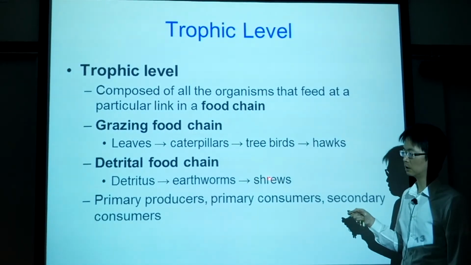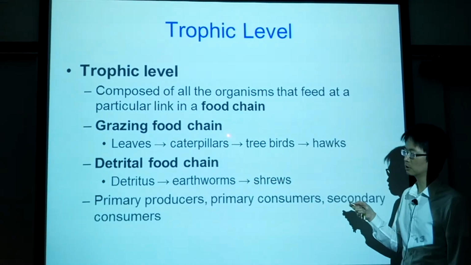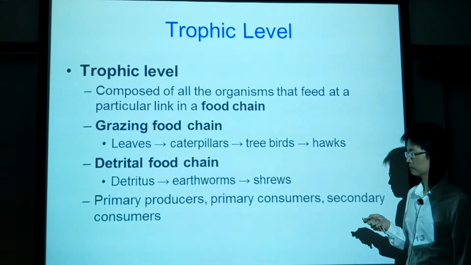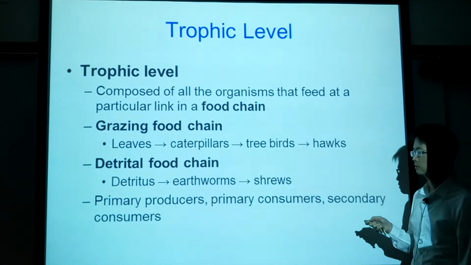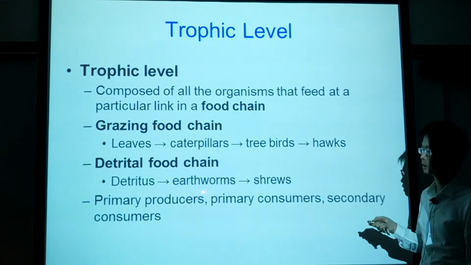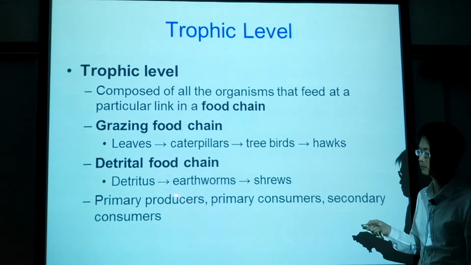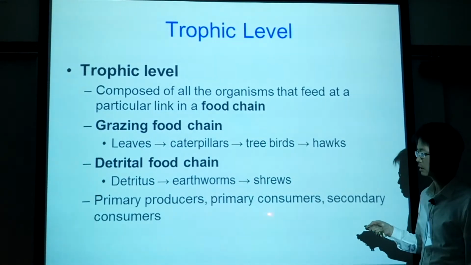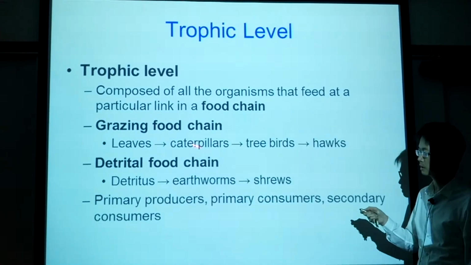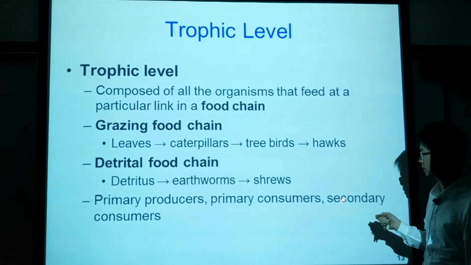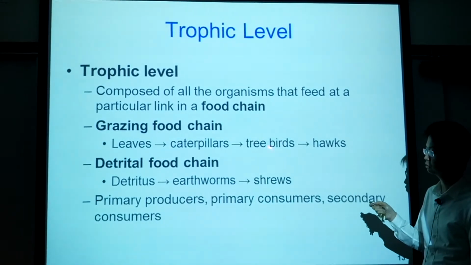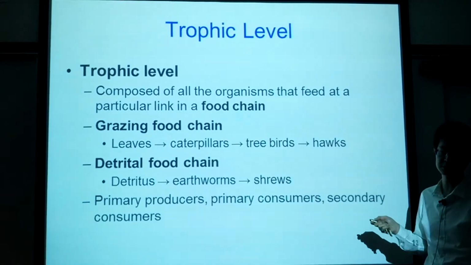They are the third trophic level, and this connects to the grazing food chain. So we have the trophic levels. We can call the first trophic level the primary producer, which is the leaf or the detritus. Primary consumer: caterpillar, earthworm. Secondary consumer: tree birds and shrews.